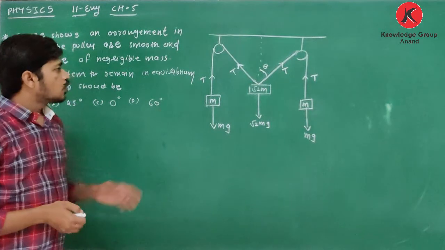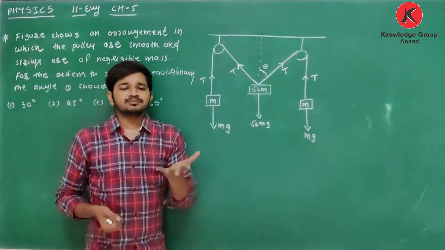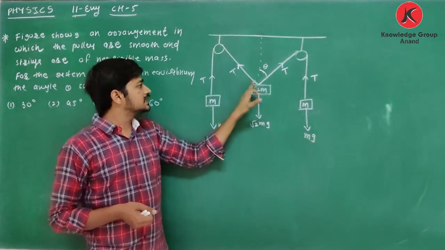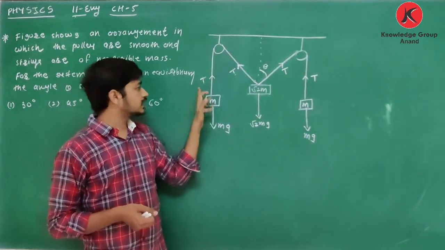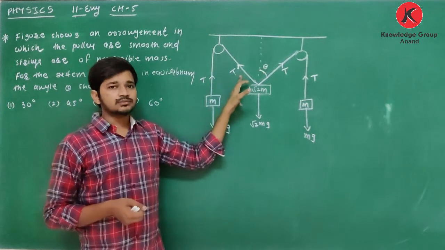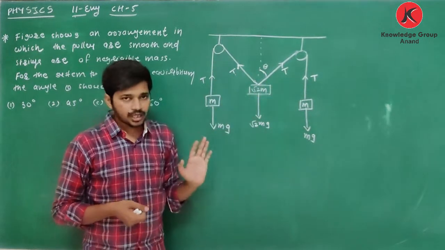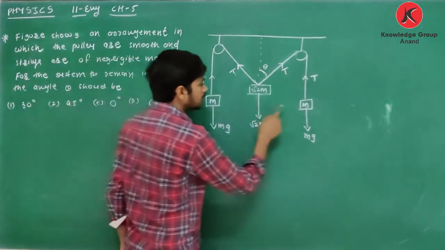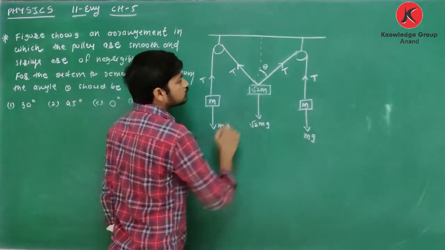Now that is one main question: why is T the same? Because these strings are massless, and this string is one whole connected string, so the tension in this string is the same. But why is this side also T? Because this system is symmetric. This mass is m, this mass is m, and this mass is root 2 m.